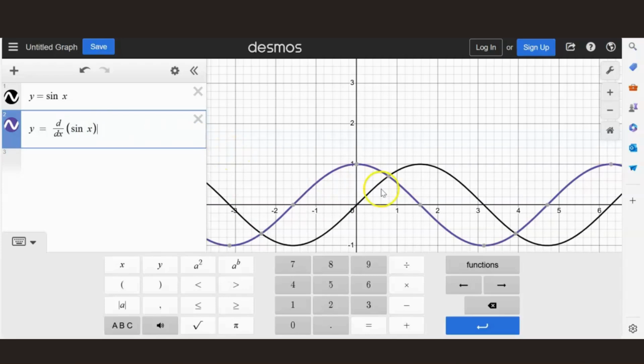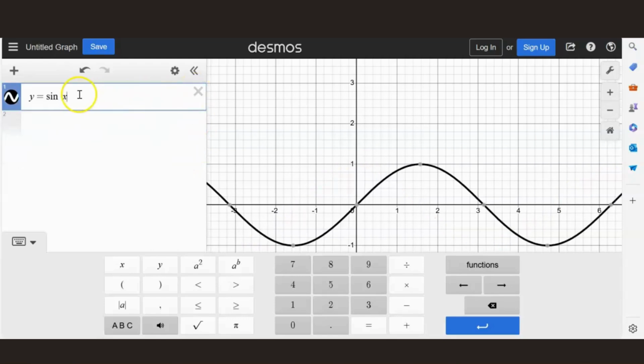If you notice on here, our black curve is the sine, going from 0 all the way to 2 pi. The blue graph is the derivative of the sine, and that blue graph is just the cosine curve. So the derivative of the sine is equal to the cosine.